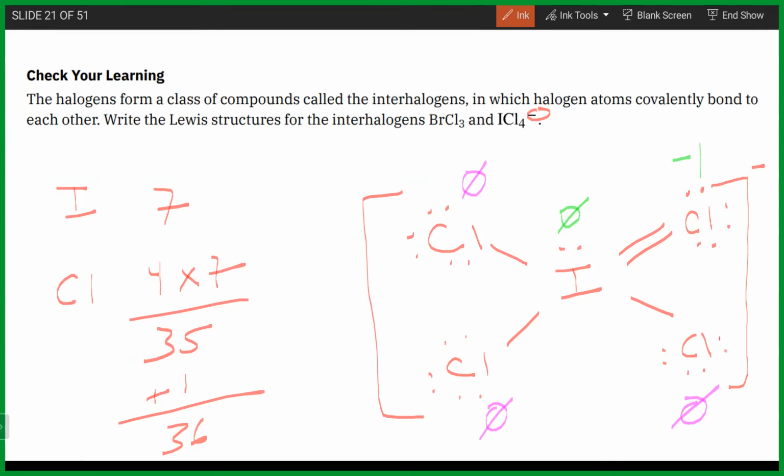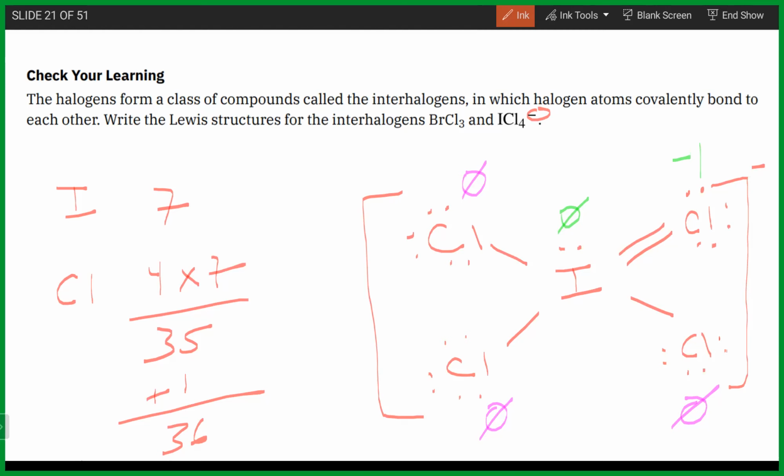But if you look at it now, in the previous structure, the correct structure where it's just single bonds, then iodine has 4 valence electrons on it. Iodine's still going to be electronegative, so it's not as weird of an example as when we had the boron in the middle and the fluorine on the outside, where boron was electron deficient. In this case, the difference just isn't going to be as great between iodine and chlorine.